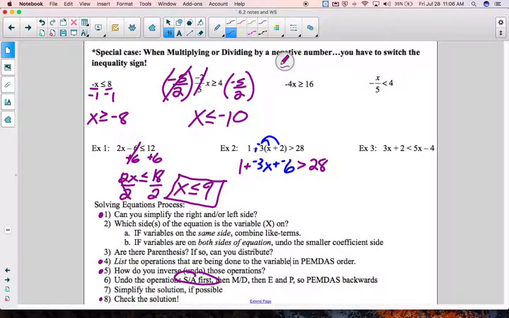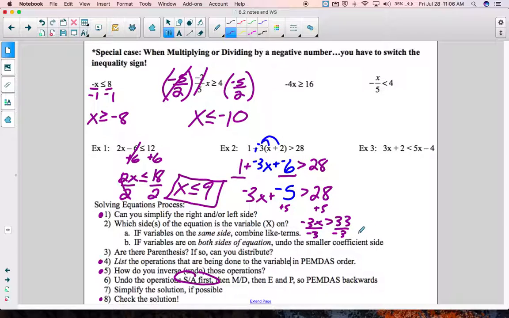Now, can we combine any like terms? Yeah, on one side of the inequality, we have a negative 6 and a positive 1. So that's really the same as negative 5. So we have negative 3x plus negative 5 is greater than 28. And so now from here we'll add 5, and you get negative 3x is greater than 33. And then we divide by negative 3.